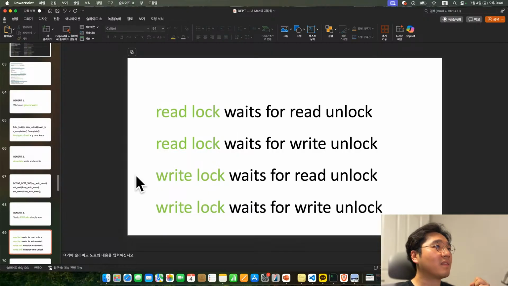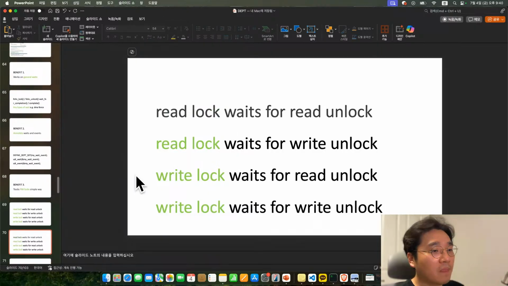But when holding a read lock, if there are other read locks on that lock, they do not need to wait for holding the lock. They can read the critical section.